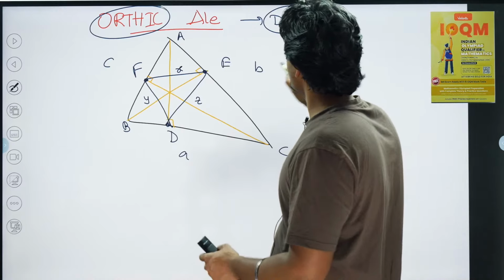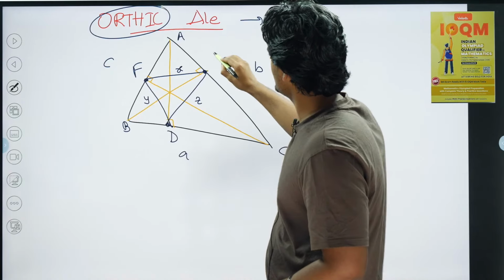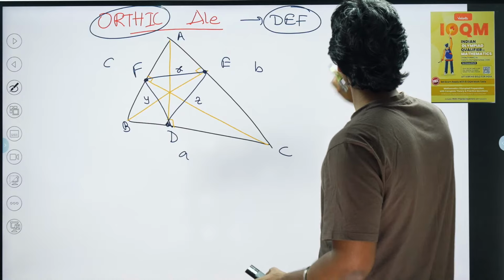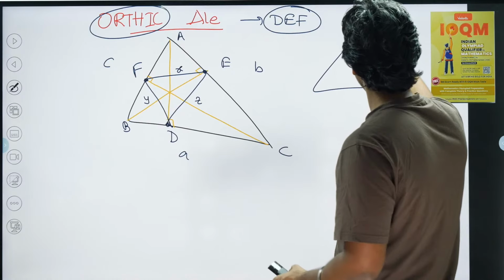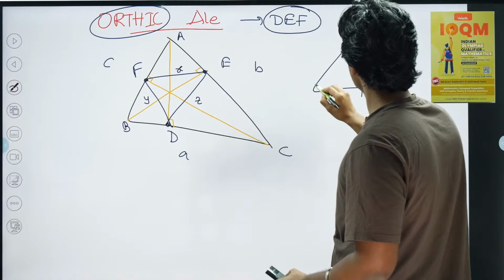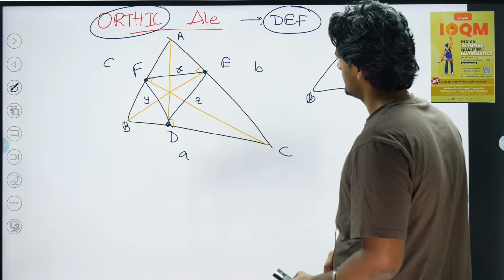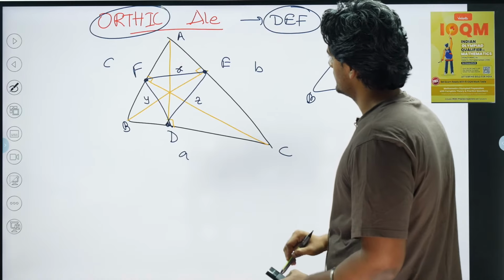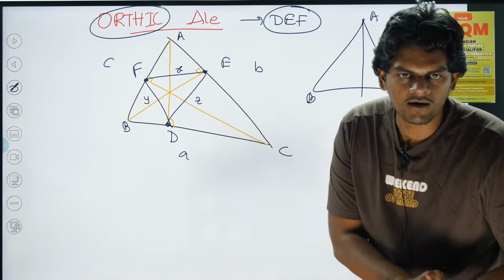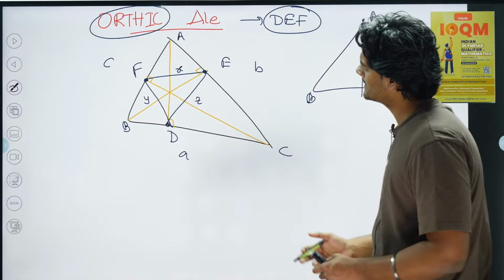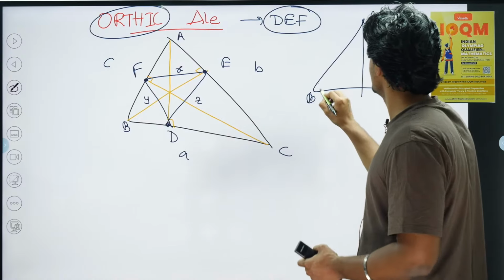You see, in this triangle, what is the value of AB? When you draw altitude, what do you get? The intersection of altitudes is the orthocenter.